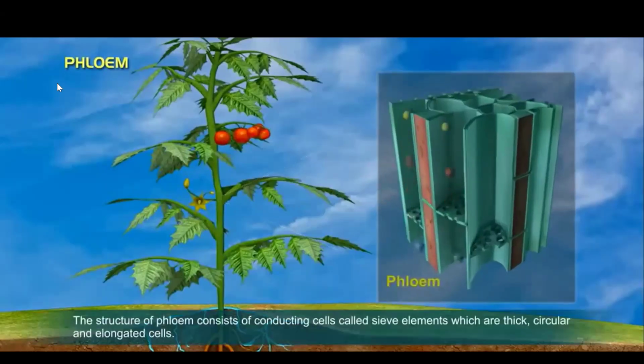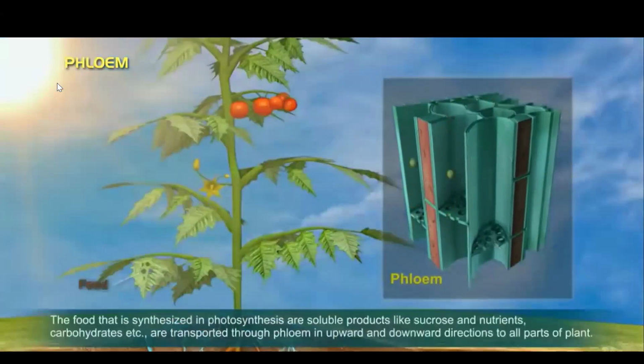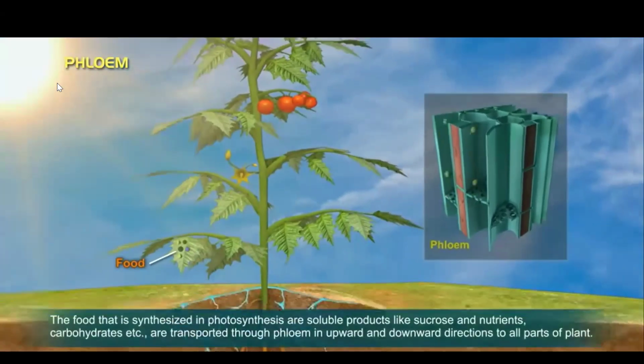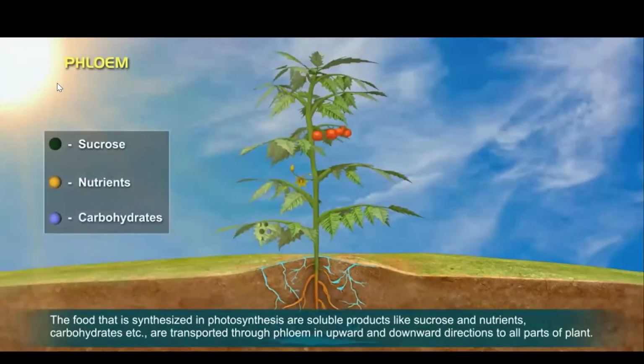The structure of phloem consists of conducting cells called sieve elements, which are thick, circular, and elongated cells. The food that is synthesized in photosynthesis, soluble products like sucrose, nutrients, carbohydrates, etc., are transported through phloem in upward and downward directions to all parts of the plant.